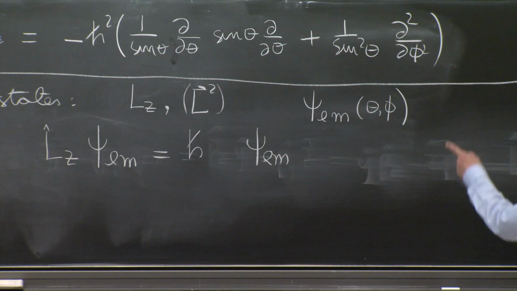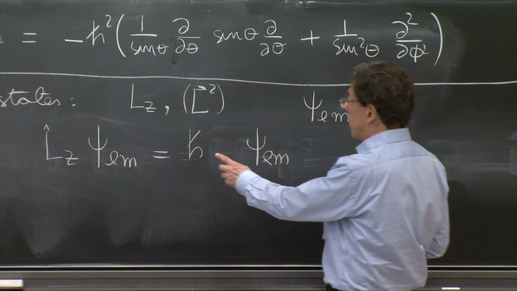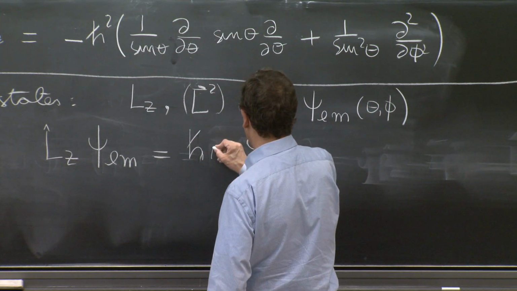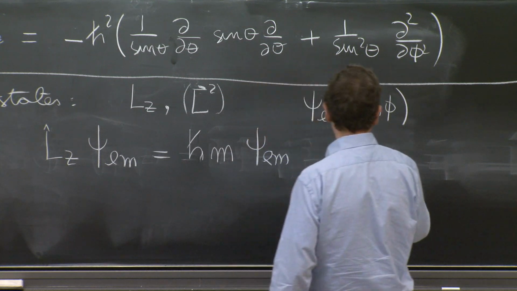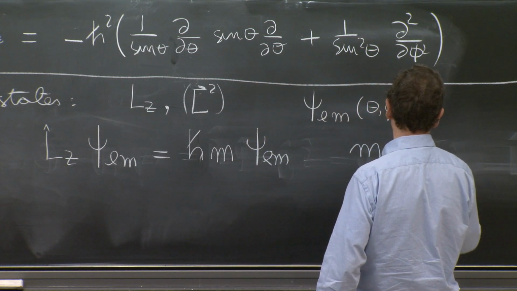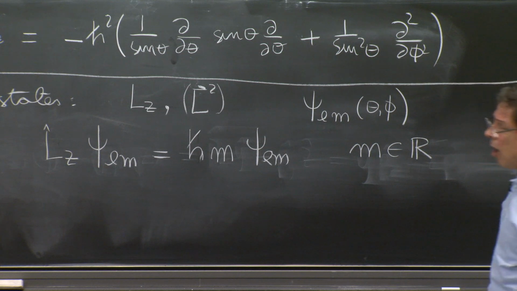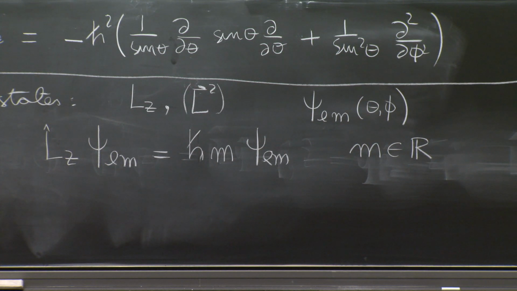And then we'll use m, that we don't say what m is yet, where m belongs to the real numbers, because the eigenvalues of a Hermitian operator are always real. So this could be what we would demand from Lz.